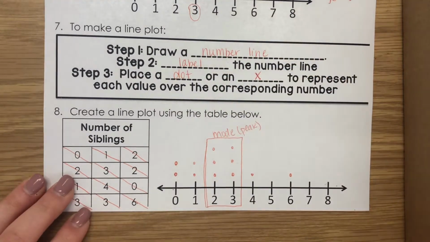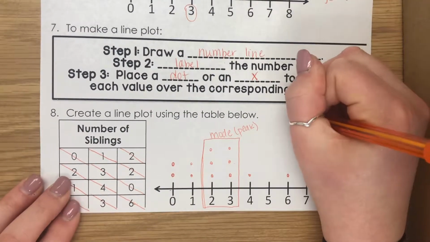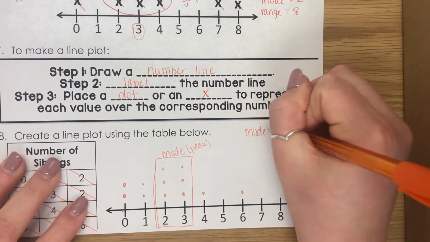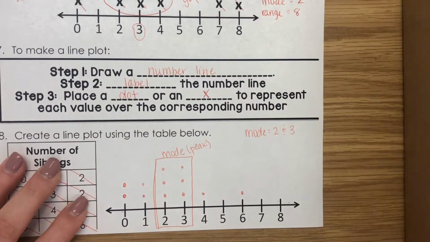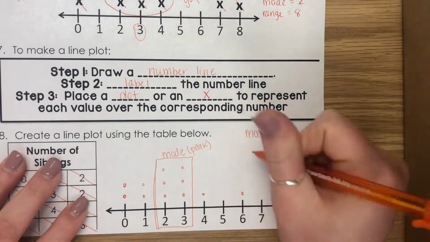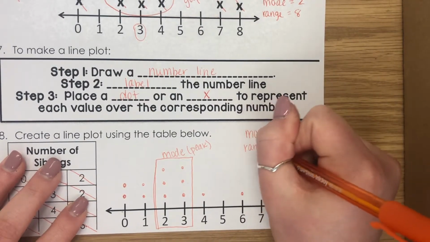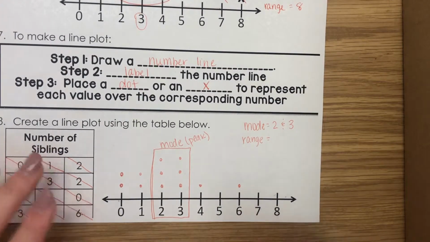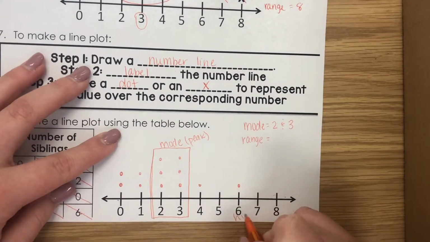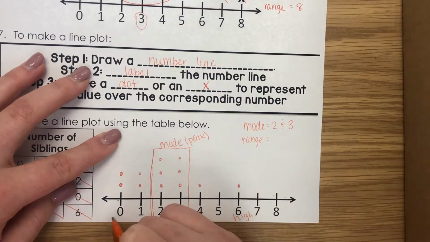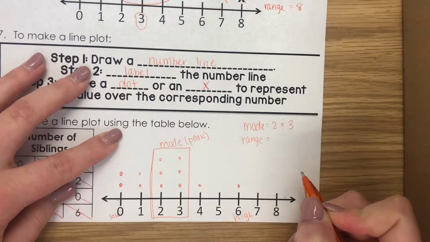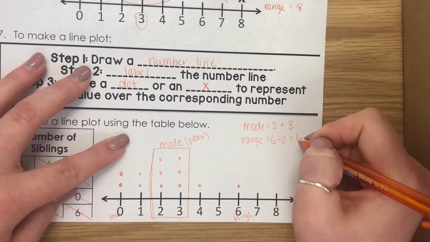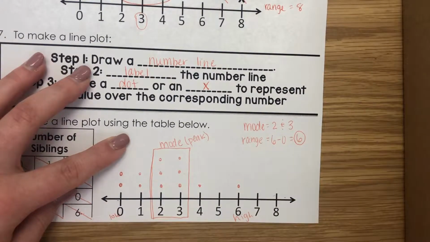So for our mode, we would put 2 and 3. For our range, if you remember, we need to find the biggest number and the smallest number. So this would be our high, and this would be our low. So we would want to say 6 minus 0, which gives us a range of 6.